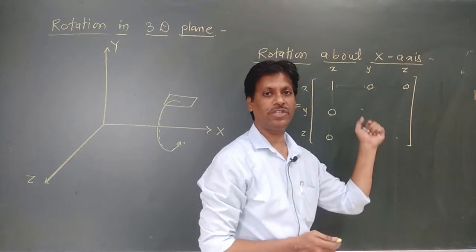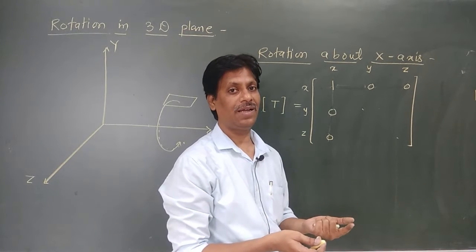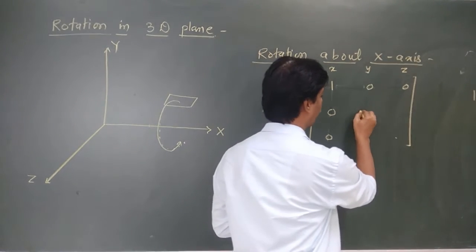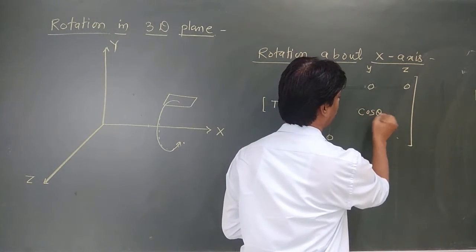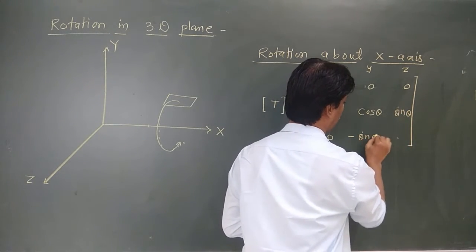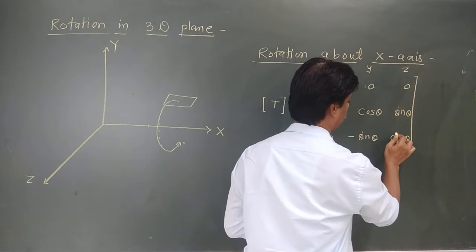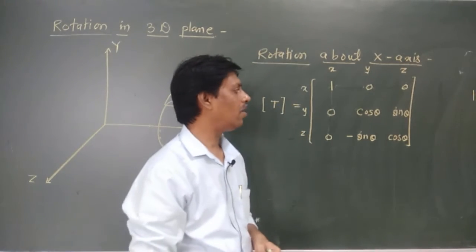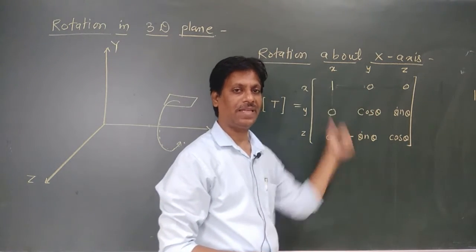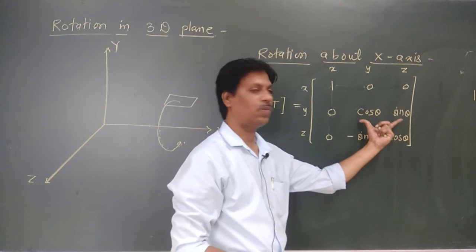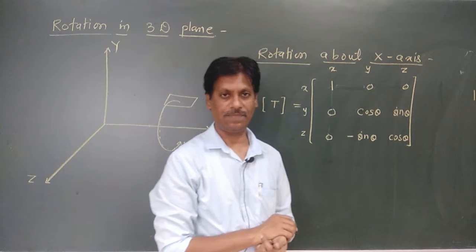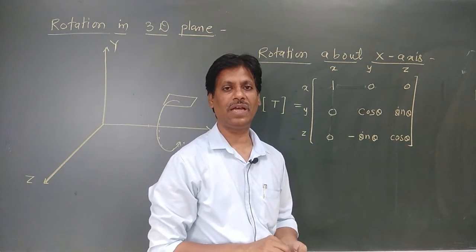For the remaining positions of this matrix, we write the rotation matrix about the origin, that is cos theta, sin theta, minus sin theta, and then cos theta. So 1 0 0 for the x row and x column, and for the rest we write the matrix cos theta, sin theta, minus sin theta, cos theta. That is our rotation matrix about the x-axis.